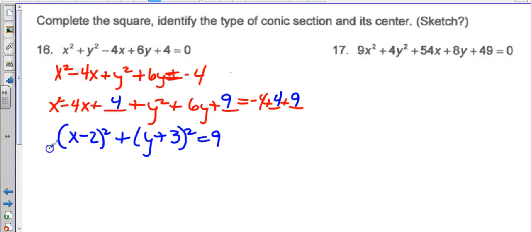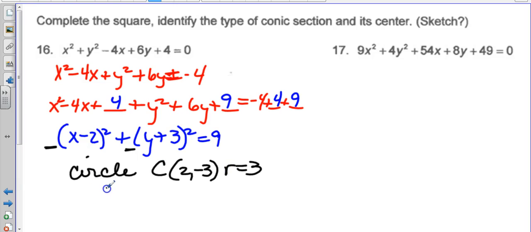No, we could, but there's no coefficients out here other than 1. So it's just a circle. And where's the center? 2, -3, and the radius is 3. So if we drew a really tiny little sketch, we'd go over 2, down 3, and it would go out 3 all the way around.